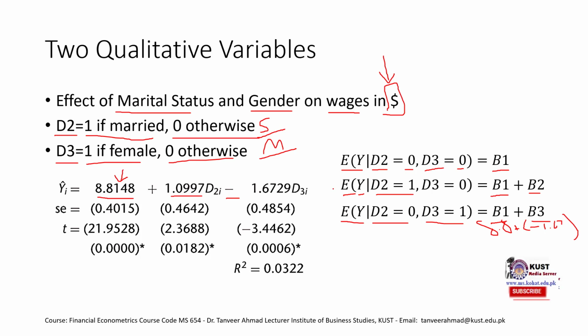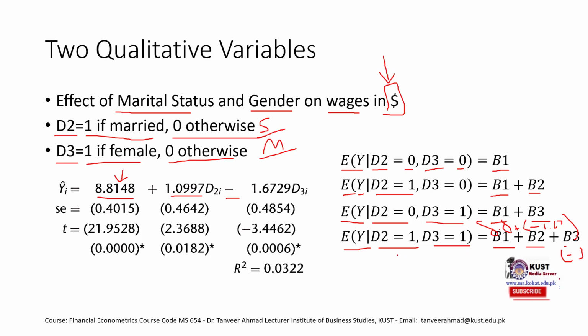$1.67 lesser than male. What would be the expected value in case the person is married and female? So that would be B1 plus B2 plus B3. Remember, B3 would be minus in bracket, or we can directly deduct it, but in this way it is easy to understand.